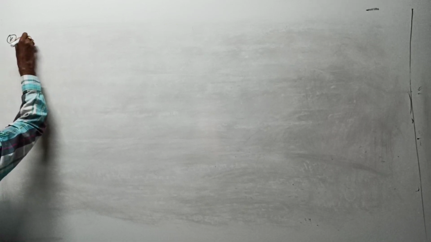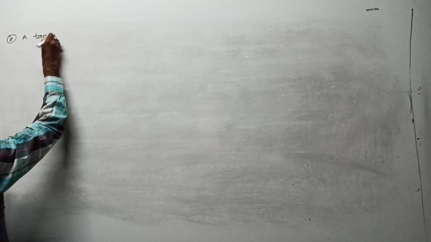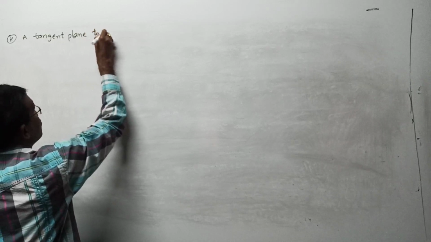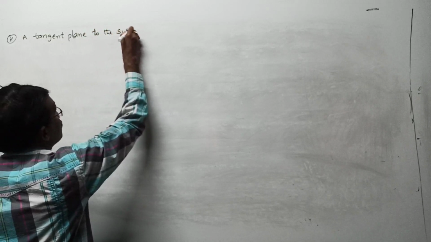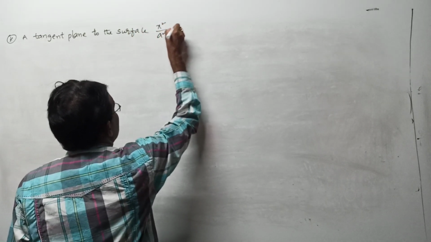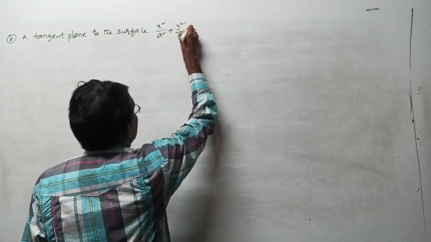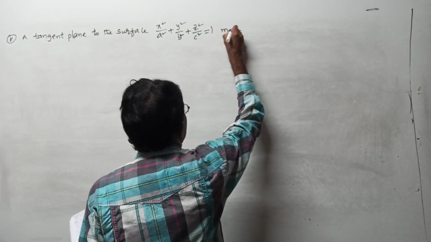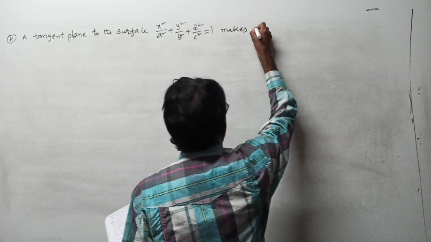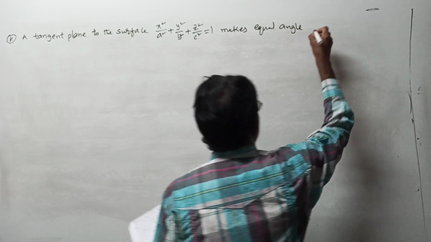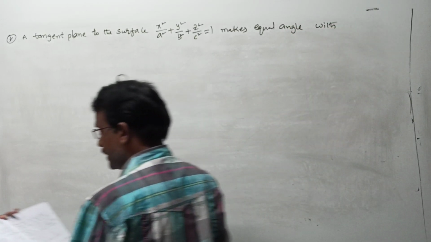A tangent plane to the surface x square by a square plus y square by b square plus z square by c square is equal to 1 makes equal angle with the coordinate axis.